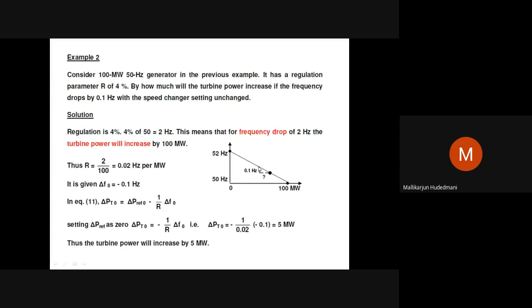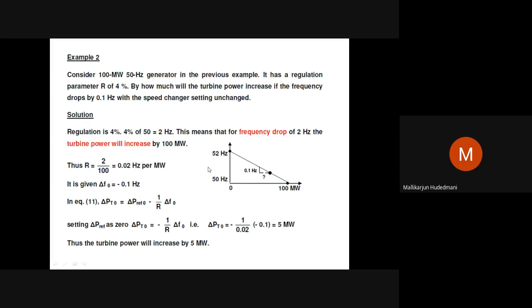52 down to 100 megawatt. What is its capacity? 100 megawatt. It is expected to deliver 100 megawatt at 50 hertz. Then the 4% droop means 4% of 50 in RPM. What I get here is the base frequency plus that: 50 plus 2, 52.